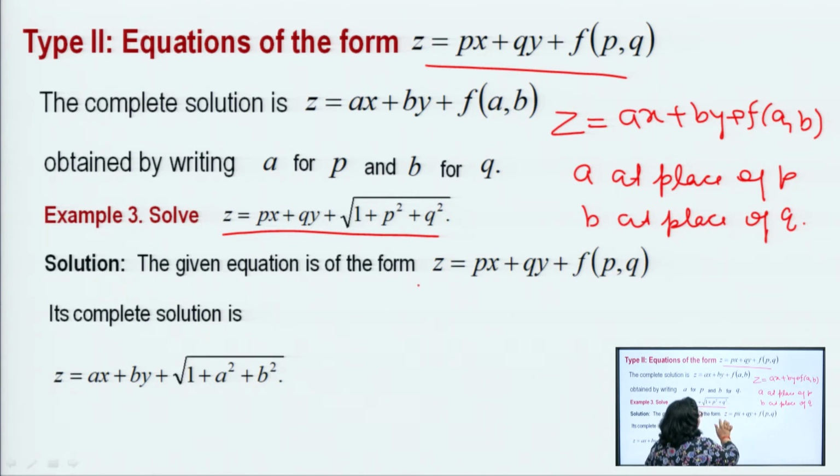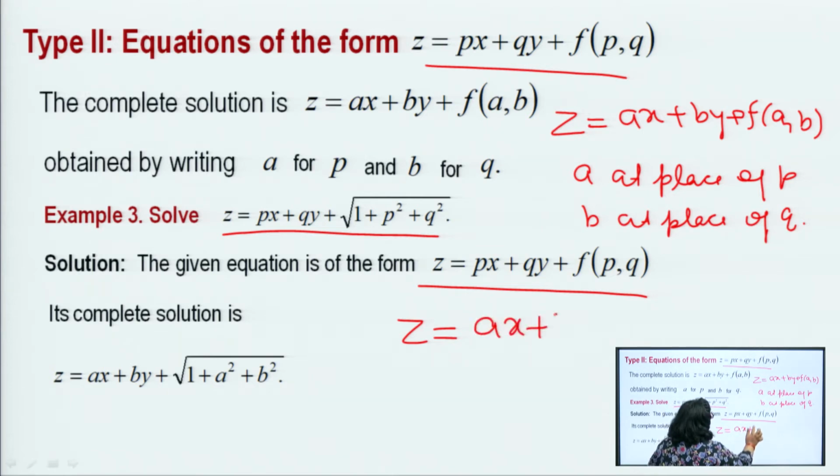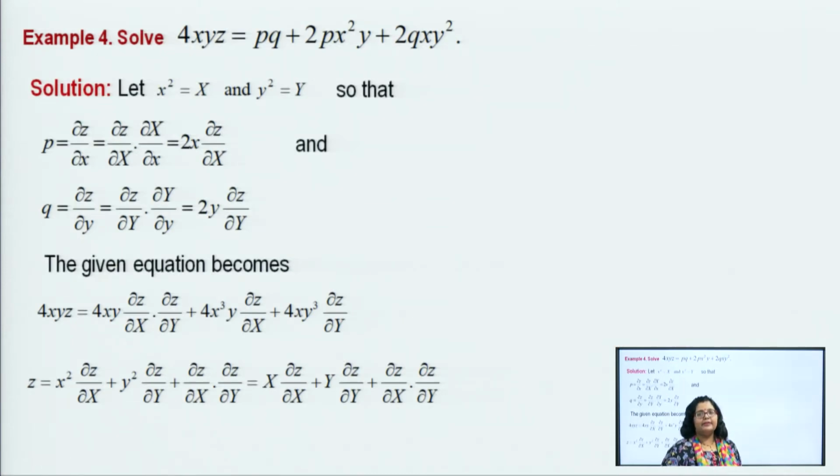So firstly, write the complete solution for this: put a at the place of p, b at the place of q. That means ax plus by plus under root 1 plus a square plus b square, which is the required solution of the equation.